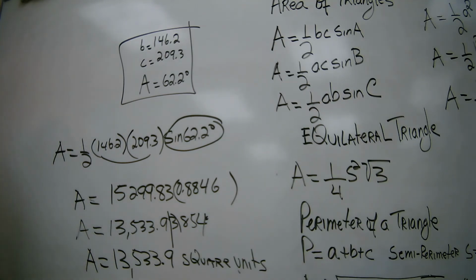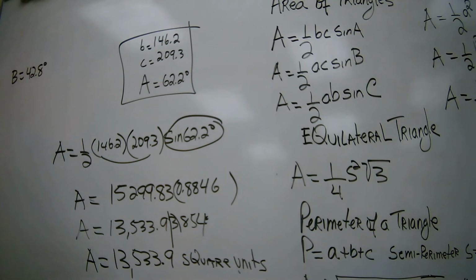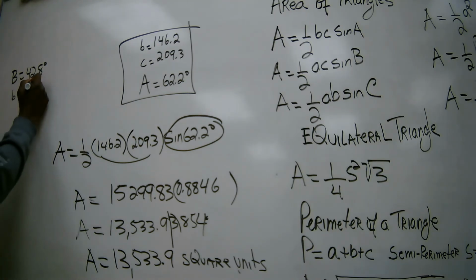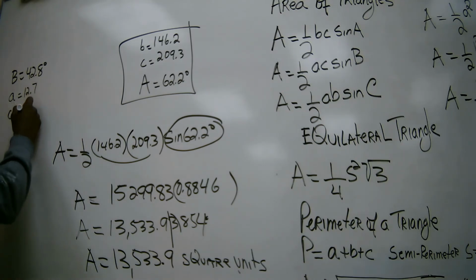This is my calculator. As long as you set angle B is 42.8 degrees. Alright, little a is 12.7, and little c is 5.8.